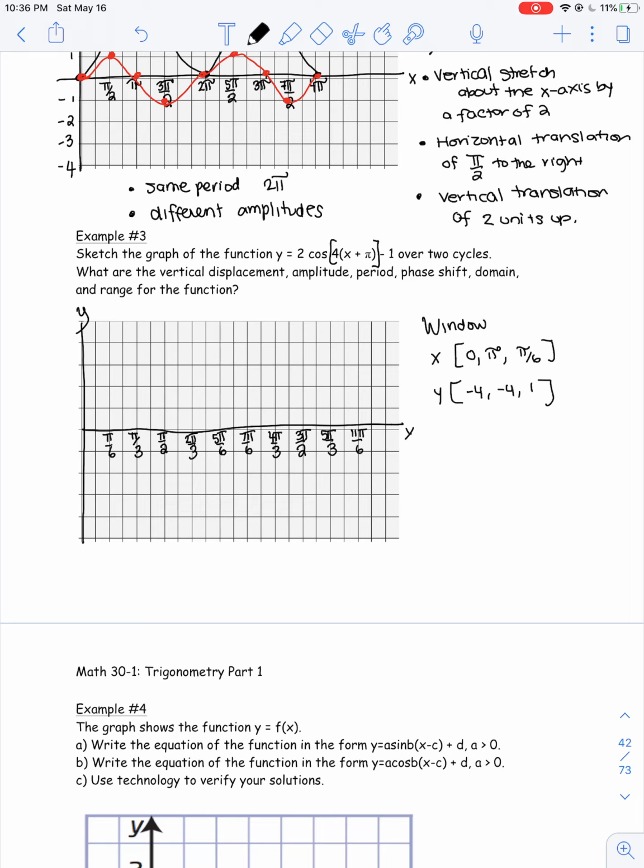And then 12 pi over 6 would be 2 pi. Okay, so we just wanted to break it up and show all the little increments. So that's how you're showing how pi over 6 divides this graph. And then again, we have the same window for y.